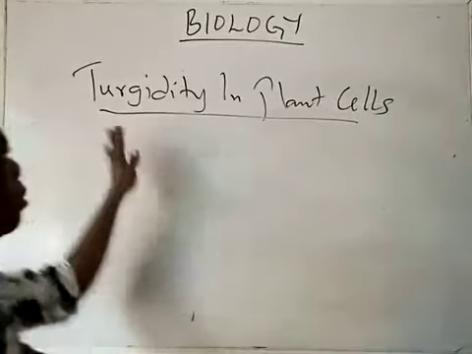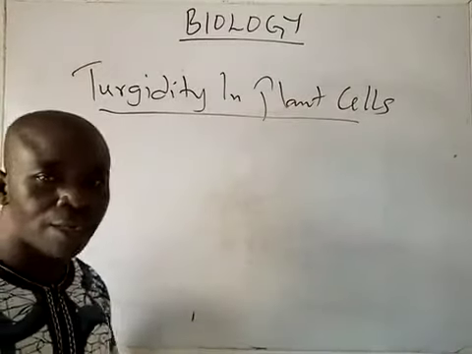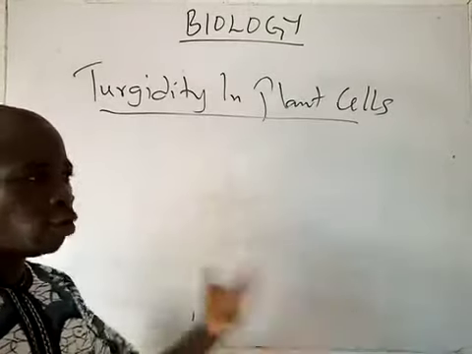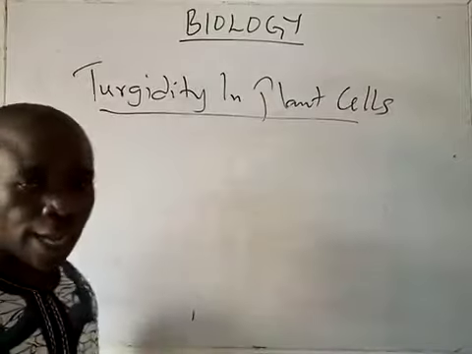Turgidity is a process whereby plant cells take in a lot of water by endosmosis when they are surrounded by hypotonic solution.